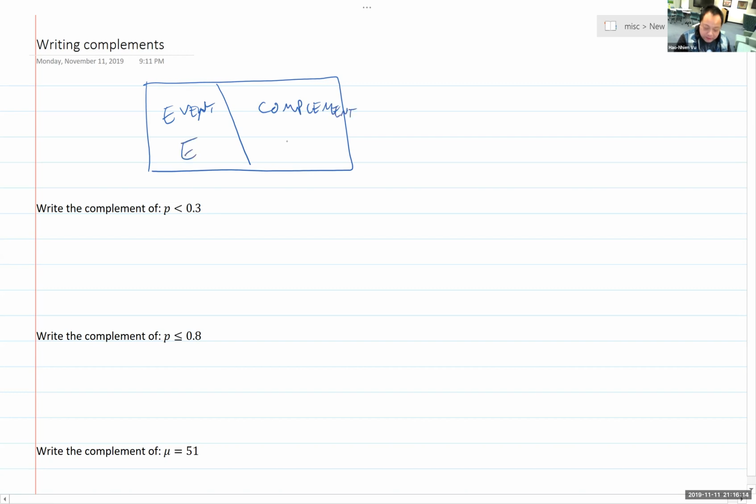So if this is the event E, this is the complement, E bar. So the complement is everything else other than the event.